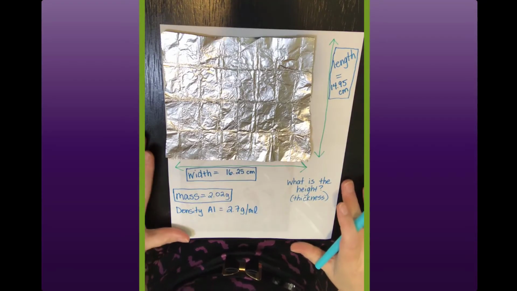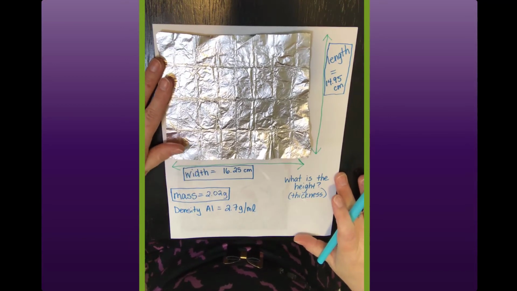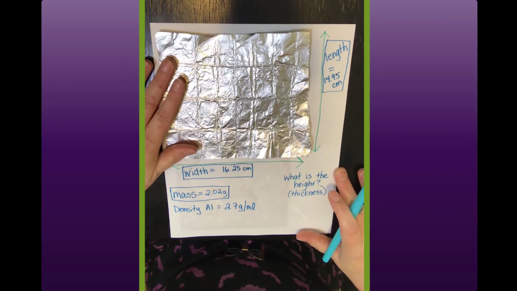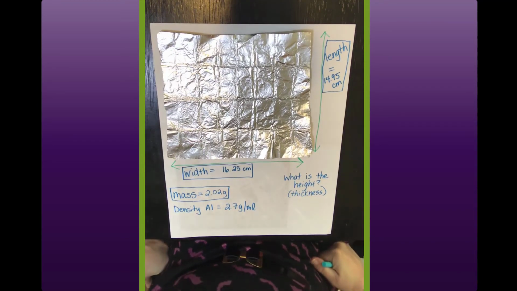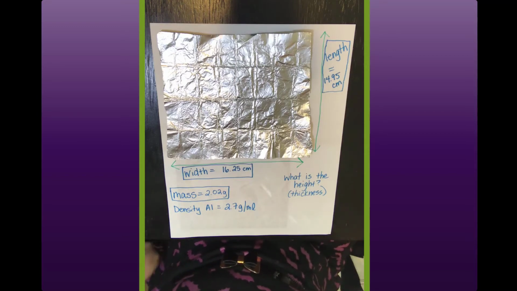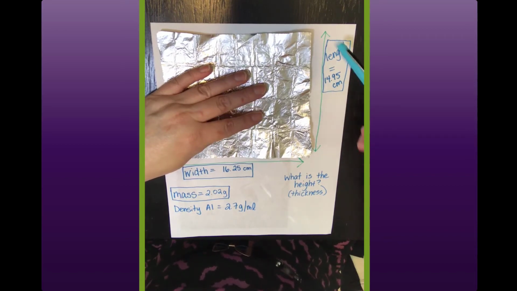All right. I have written down the data that we collected last week when we were measuring the length and width and mass of our aluminum foil. So this was my triangle piece of aluminum foil, and these are the measurements we made last week.